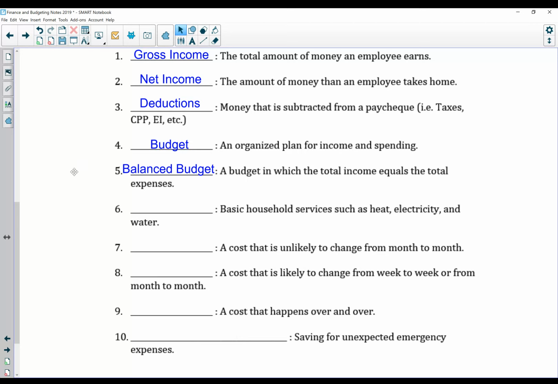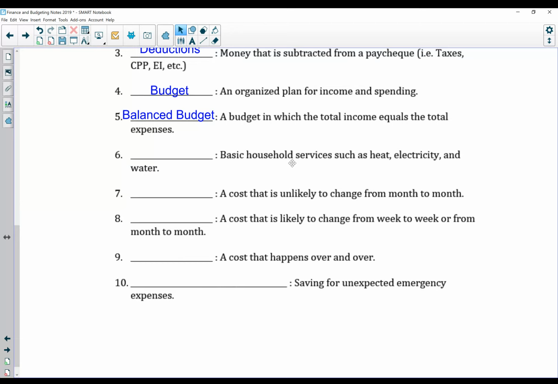That's a balanced budget. So when a question says, is this a balanced budget? It's asking, does the total income equal the total amount of expenses? Sometimes you might go over, sometimes you might underspend, which would be good. But if it's balanced, it's exactly equal.